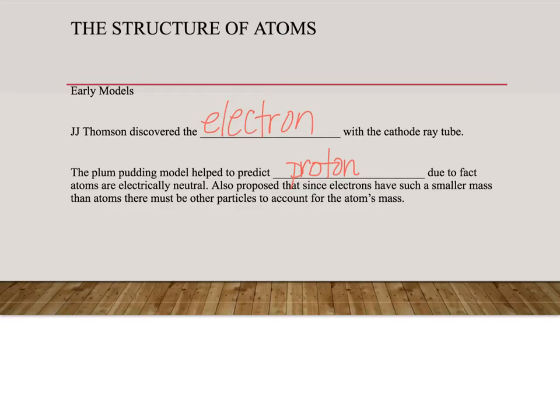And so since the electrons were negative, something in there had to be positive to balance that out. And he also proposed that since the electrons had such a small mass compared to the size of the atom, there must be other particles to account for the atom's mass, since the electron was so small. And so those were the first two big discoveries, and then in the next slide we'll talk about some other ones.